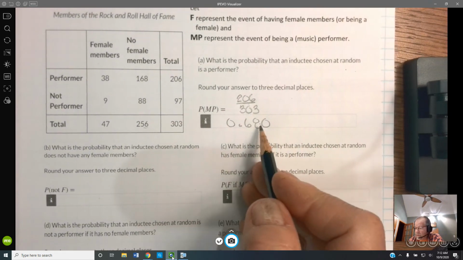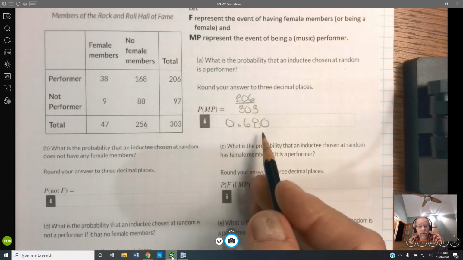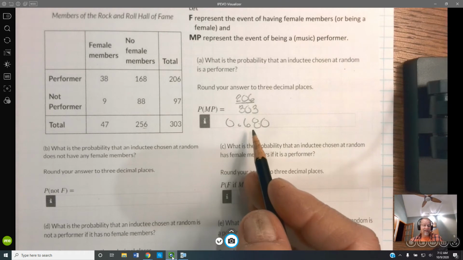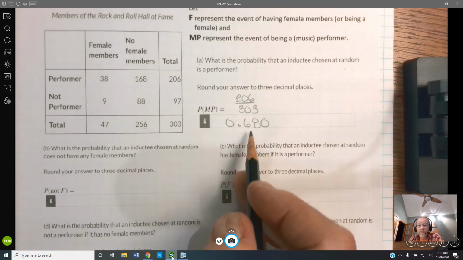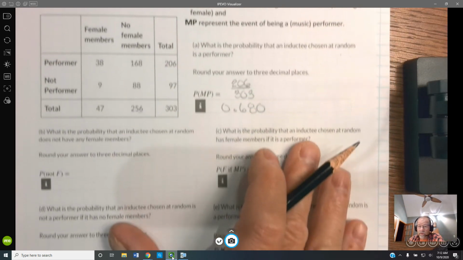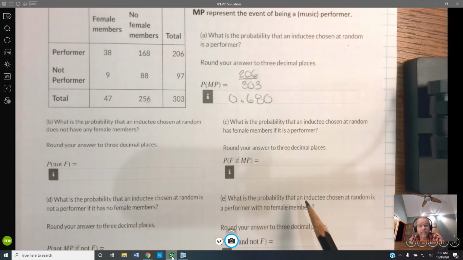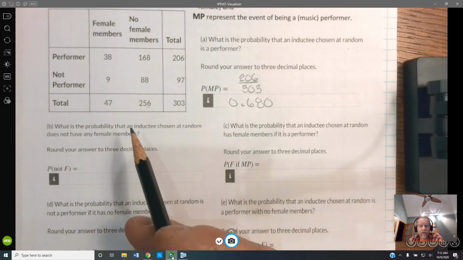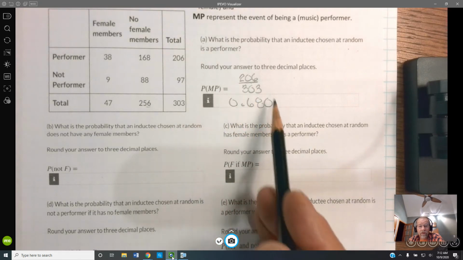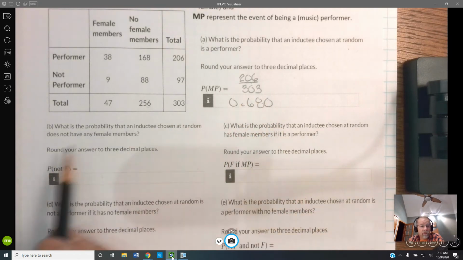This is my probability that I'm actually a performer. And it sounds proper that 68% of the people inducted were actually performers. There are a lot of people inducted in the Rock and Roll Hall of Fame who aren't performers. They run the behind the scenes kind of stuff. Or maybe mixers, I don't know all of them. But there's many more people than there are just performers.